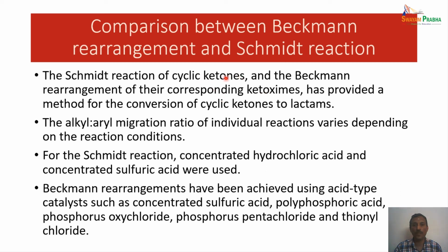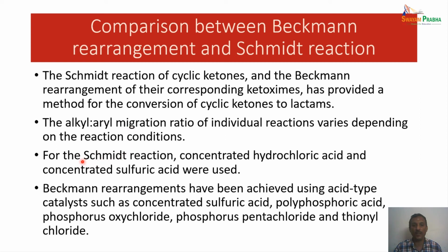So we can use either ketones or ketoximes as the starting material, depending on the rearrangement we are focusing on. The alkyl to aryl migration ratio of the individual reactions varies depending on the reaction conditions. As we saw for the Schmidt reaction, sulfuric acid and hydrochloric acid conditions give different types of products. So this is possible by changing the reaction conditions, and this is applicable to the Schmidt reaction.